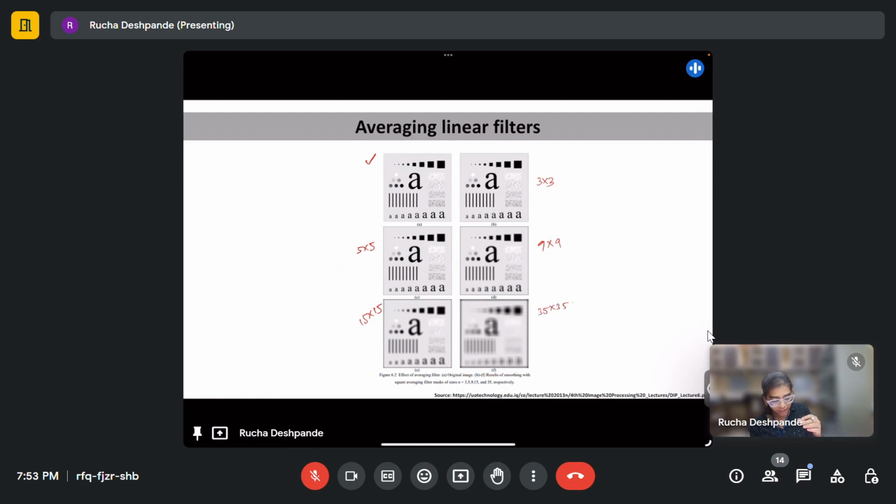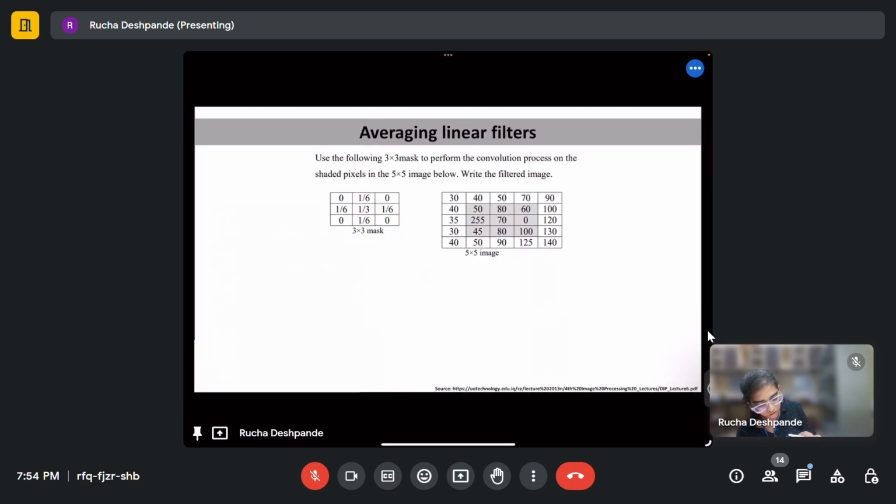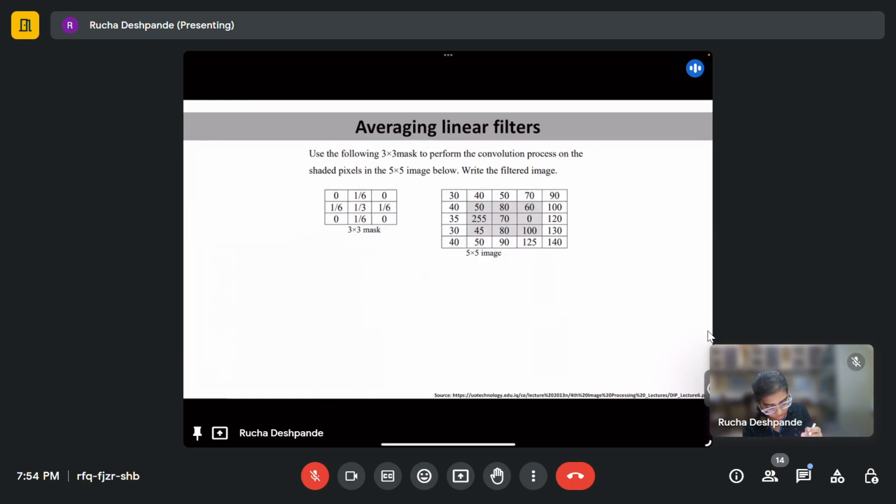After applying each filter, the image is becoming more and more smooth, and smaller and smaller. The bigger the size of the filter, the smaller the image will be, and the more the smoothening effect. So this is averaging linear filters.